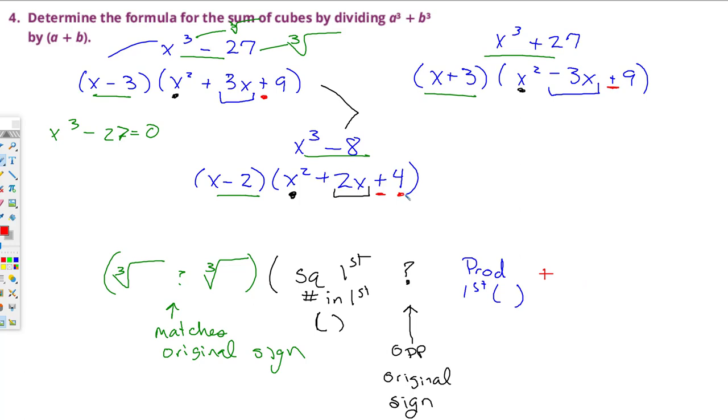How do I come up with this last number? How do I come up with the 4 or the 9? If you multiply it with the other number, it equals the number. Okay, so what times that other number equals -8?